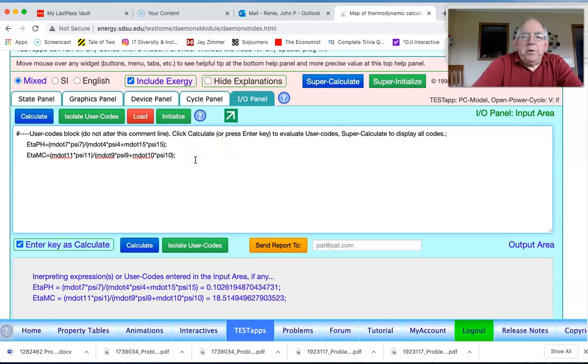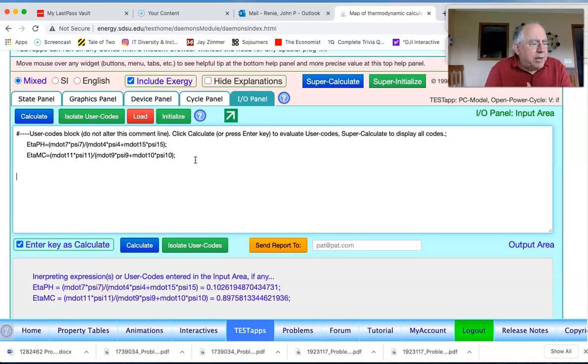And so I'm going to put that in. And as you can see, I immediately knew that there was a mistake because the value was so small. And so now we have state 11 in the numerator. That's what's coming out. And then we have the combination of 9 and 10 going in. And so that mixing chamber is about 90% efficient on a second law basis.